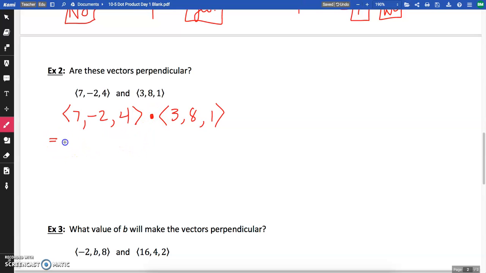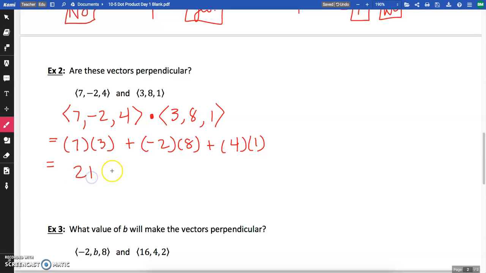And then I'm going to do 7 times 3 plus negative 2 times 8 plus 4 times 1. I get 21 plus negative 16 plus 4, which equals positive 9. So again, I did not get 0 for the dot product, so I still answer the question, no, they're not perpendicular.